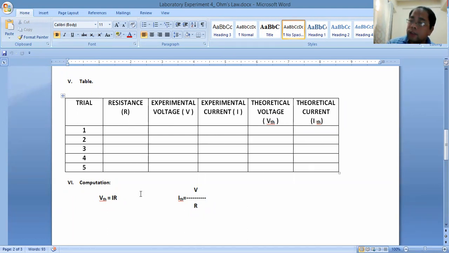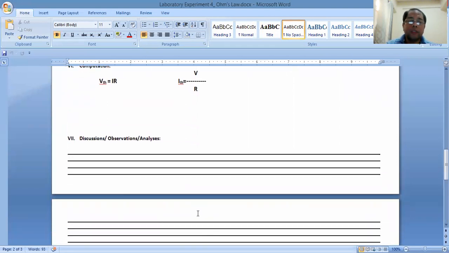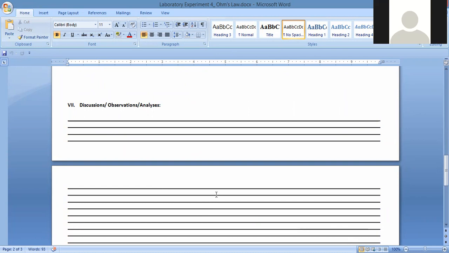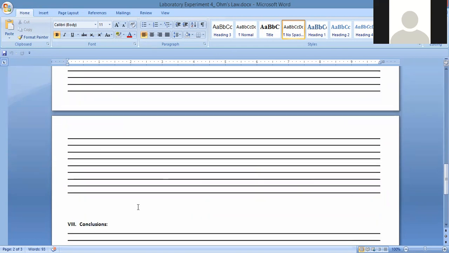For resistance, it's ohm or the omega symbol, V or the word volts for the voltage, and for the current, it's the big letter A, or the word ampere or amperes. Then you may go to the discussion, which will also involve our knowledge of the principle in Ohm's law.